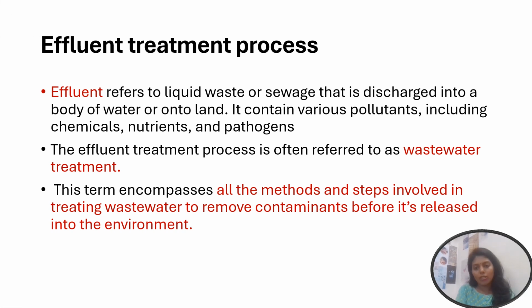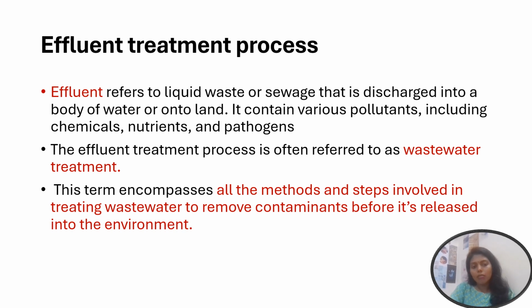Effluent treatment process. Effluent treatment process is also referred to as wastewater treatment. Before going to that, we have to know what is effluent. Effluent is nothing but a liquid or sewage waste that is discharged into the water body or land, which will typically contain various pollutants, including chemicals, nutrients, and pathogens, coming mainly from industrial and agricultural runoff.